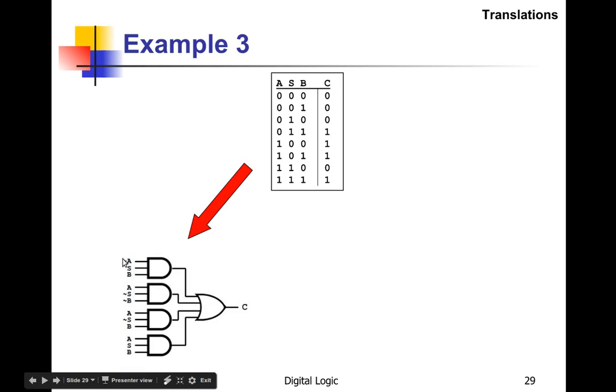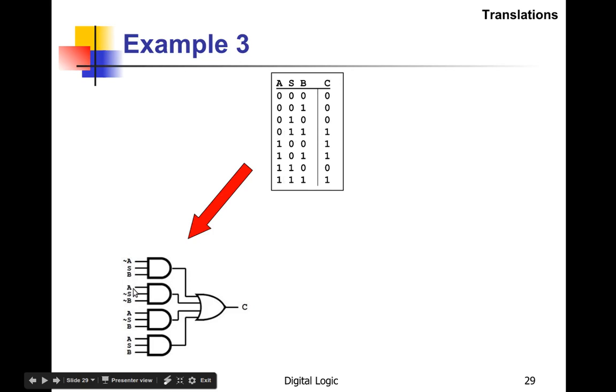And now how do you figure out what to put over here? It's going to be an A, S, B, but it might have a not in front of it, or nothing in front of it. So this A not S B would be for this one right here, the first one. In order to make these all 1s, you look at A as a 0, so it's A not, and S and B. So A not S B is that line right there.